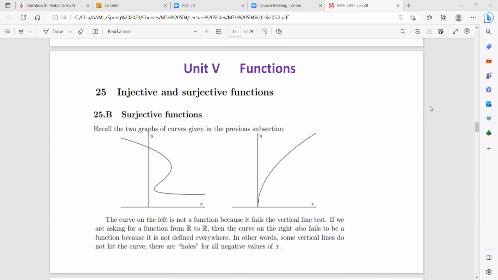Okay, last time we just talked about the injective functions. Injective functions are also called one-to-one functions.